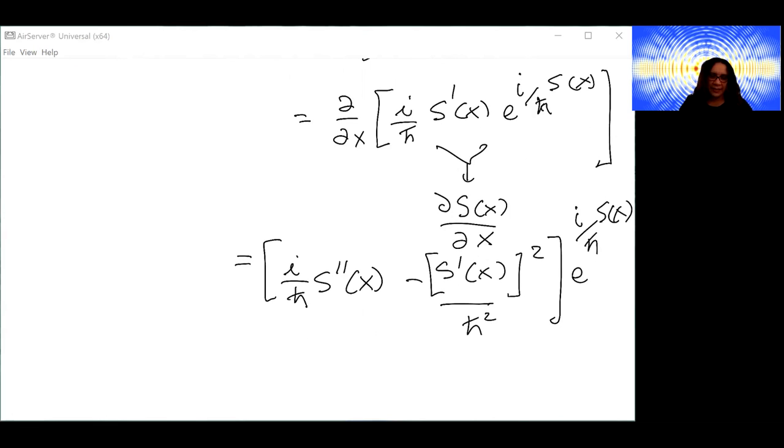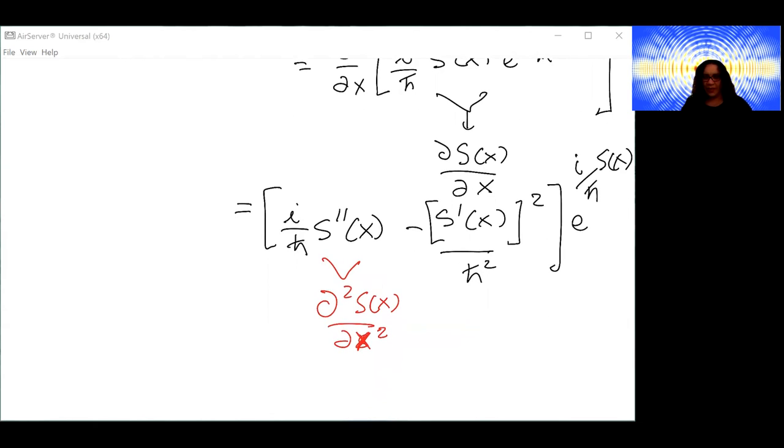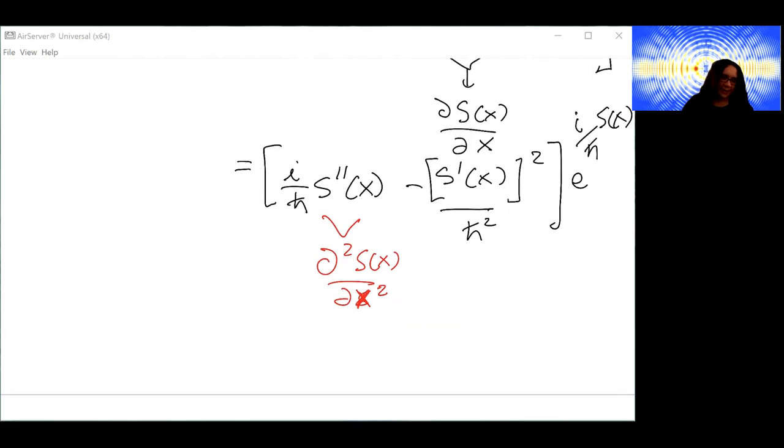Okay, reminder as well, this is d²S(x)/dx², just so that we are clear about notation. But what we need now is to plug this back into the time-independent Schrodinger equation.